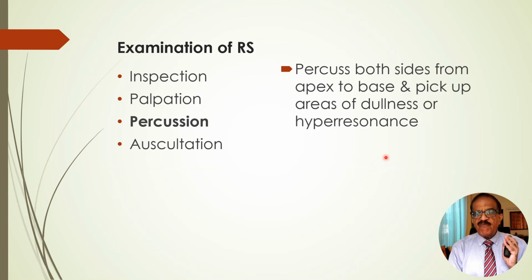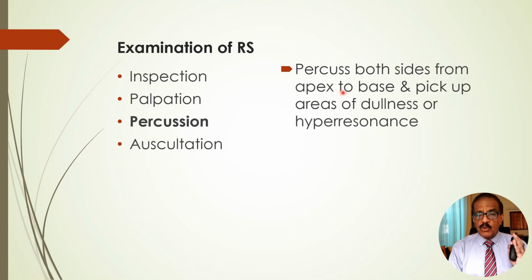In the lungs, we have to compare one side with the other side. Percuss both sides from apex to base, from the front, from the back, and on the sides. So you percuss intercostal space to intercostal space.